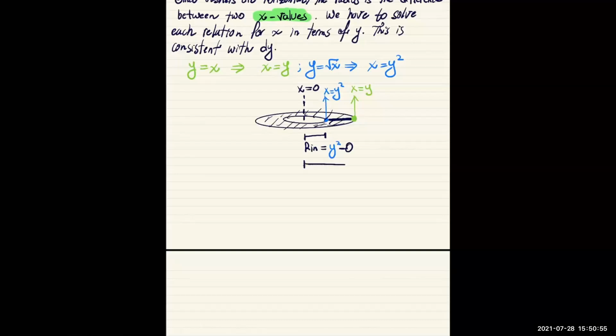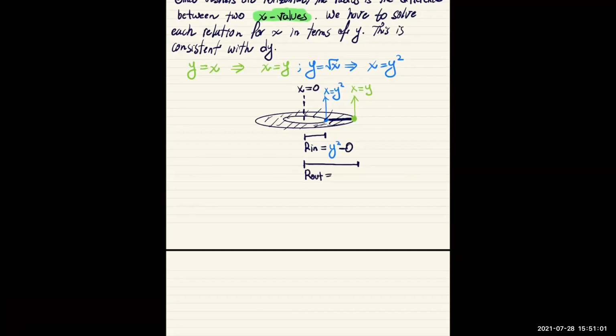And then the outer radius, same thing, bigger x, this distance, which tells you that x is equal to y. Bigger x here is described by y, minus, again, the smaller, which is 0.